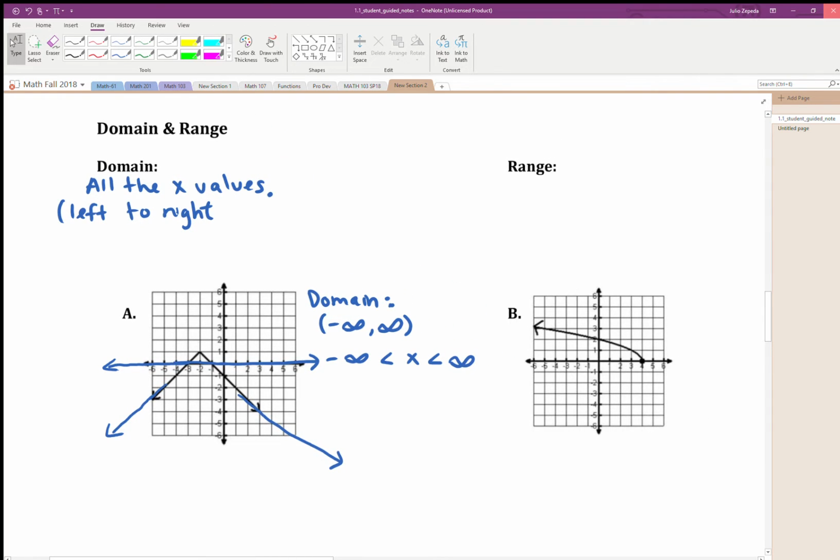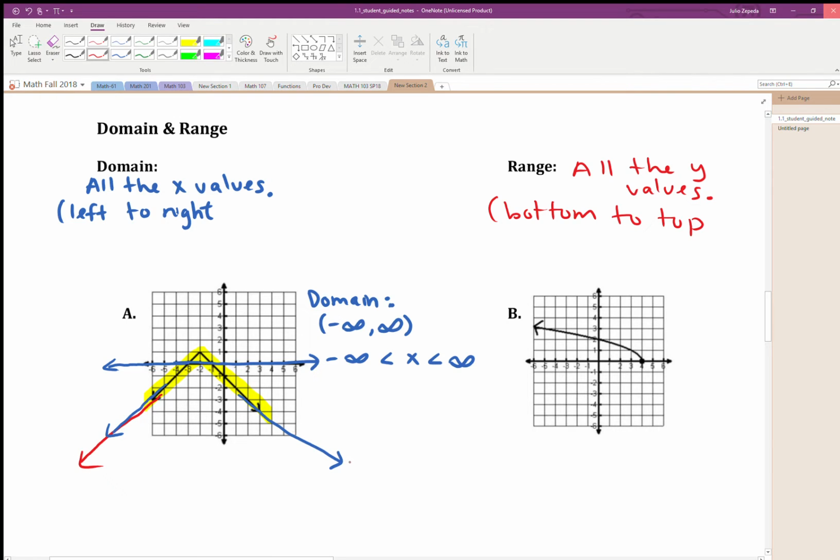And then the range, remember now, is going to be all the y values for your graph. So when we're talking about y values, we're starting at the bottom and going to the top. Looking at this graph, we want to know what is the lowest that the graph goes. Since these arrows are pointing downward, we know that the graph is going to start down at negative infinity.